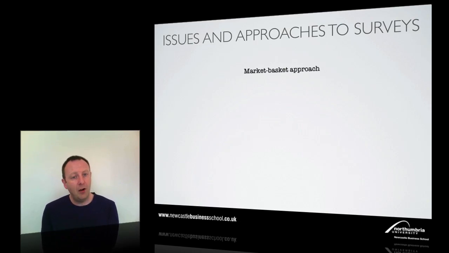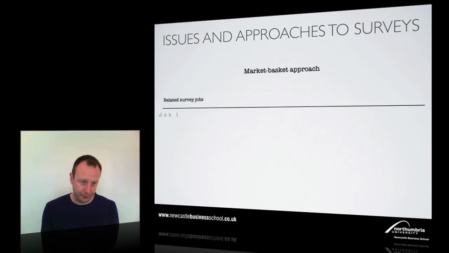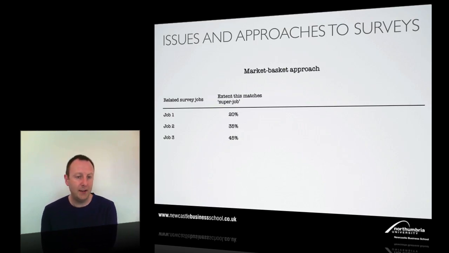So we start off by identifying a range of jobs within the survey that you're looking at that have some relevance to the job that you're trying to price. So there are various elements of this particular job which crop up in various survey jobs. So job 1, job 2 and job 3 here. And then you identify to what extent these elements of survey jobs represent or match the job within your organisation that you're trying to match.